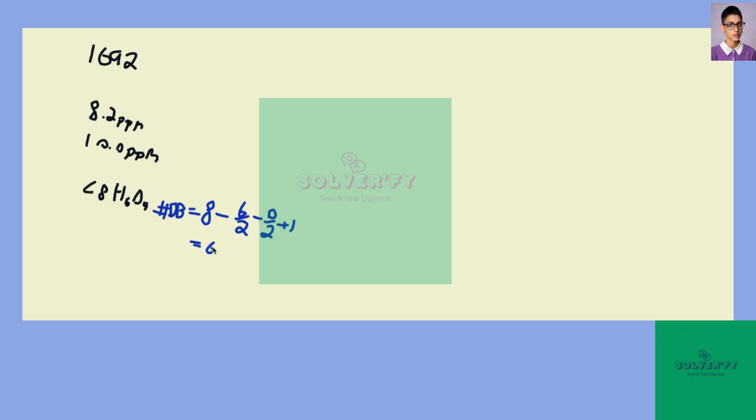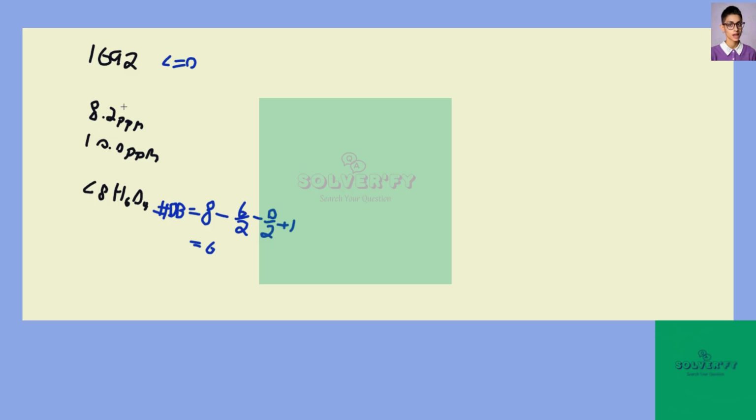So now we also have an IR peak at 1692, which corresponds to a carbonyl bond. And then we have two NMR singlets, one at 8, one at 10. So let's try to figure out what this could be.